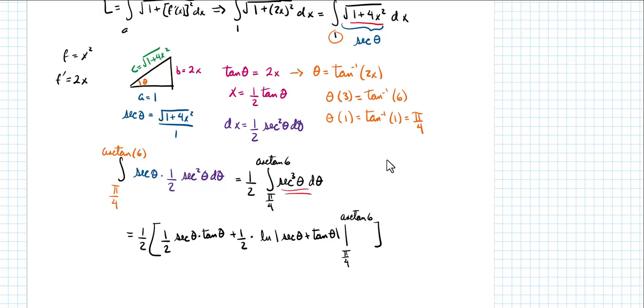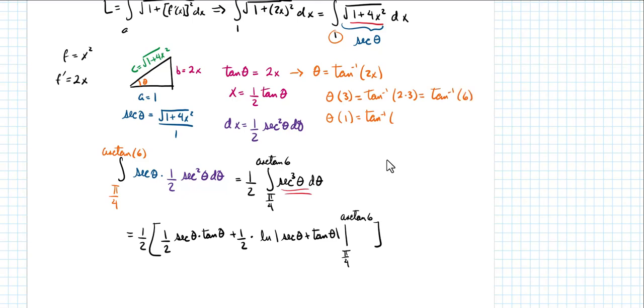And oops, I made a mistake. Maybe you guys caught it as well. When we were evaluating the lower limit, so when we were evaluating theta at 1, remember tangent was 2 times x, so this should have been, and I'll correct the other one as well, it was 2 times 3, so it was the tangent inverse of 6.